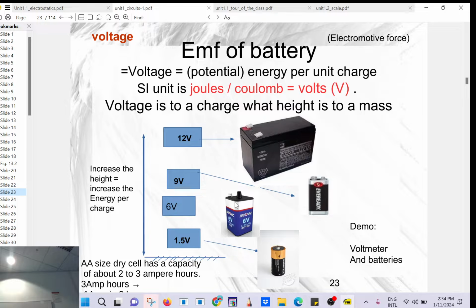You have other ways to make current. So for example, you can have, what is that thing? Solar panel, right? A solar cell, right?